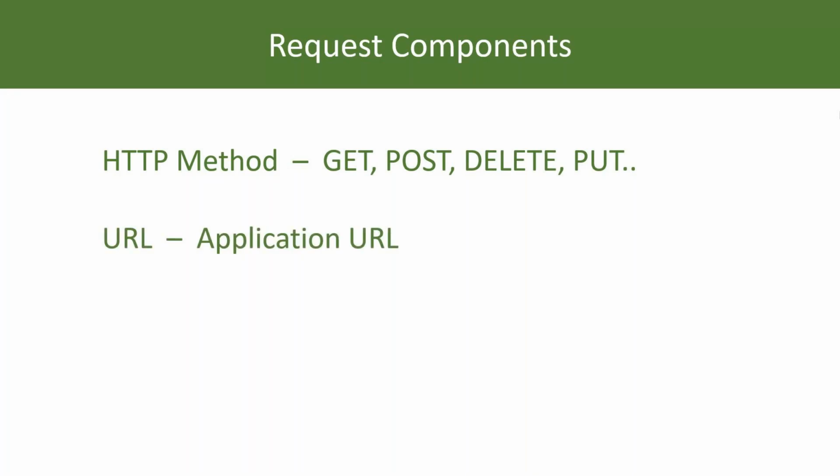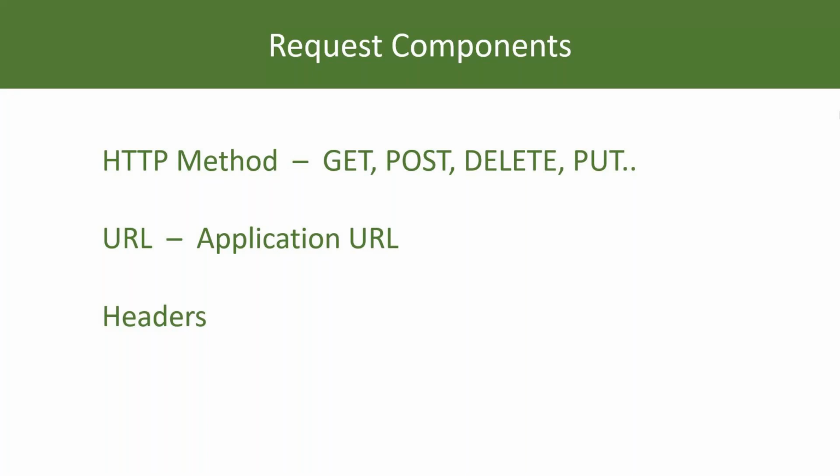Then the URL, which is the application URL, can also be called the endpoint URL. Usually if we are working with APIs, this is called the endpoint URL, but it's just the URL. Then there is a series of header attributes. Some of these headers are mandatory, some are not, some appear on the fly, and some do not even get recorded.